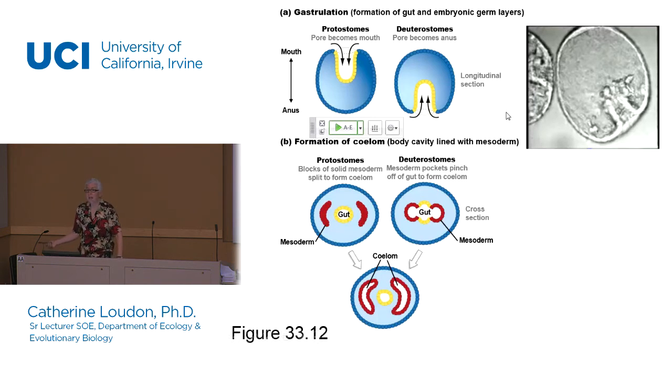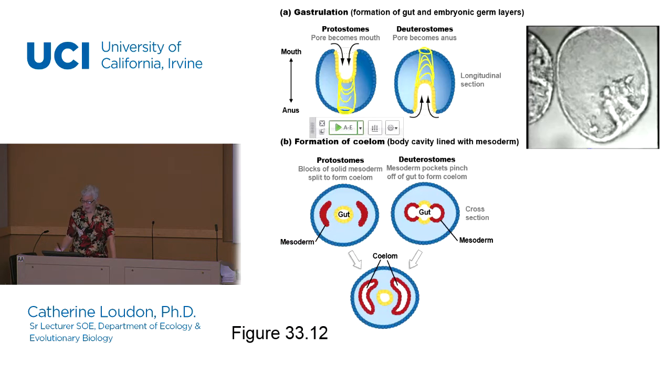If we allowed this process to continue, over time this would go all the way through, and eventually one would end up with a complete tube. Similarly, this would continue extending and eventually break through the other side, and one would end up with a tube.